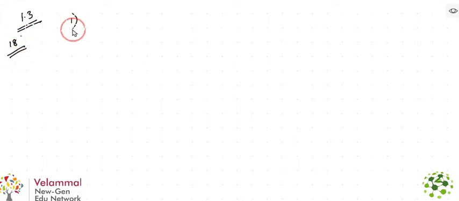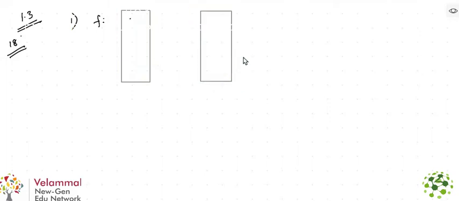Question number 1. You are given f is from {1, 3, 4} to {1, 2, 5}.